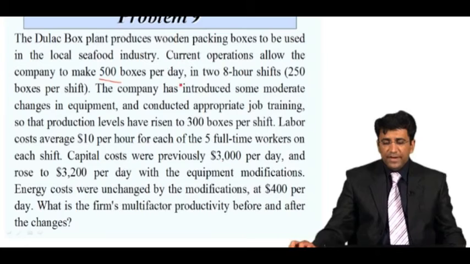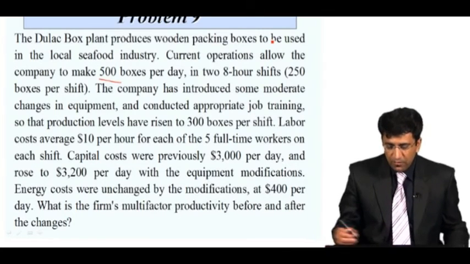Now it is given that 2 8-hour shifts are being worked, and 5 full-time workers are working on each shift. So how can we calculate the total working hours in this particular case?